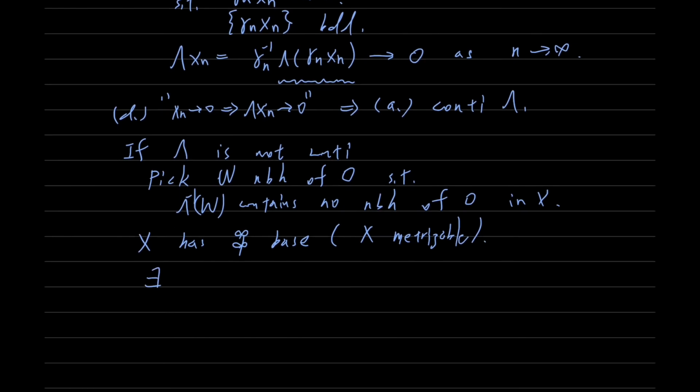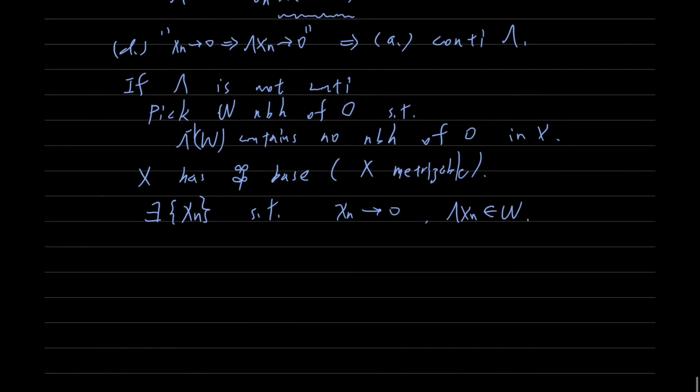Then we can find a sequence xn such that xn converges to 0, but lambda xn is not in W.